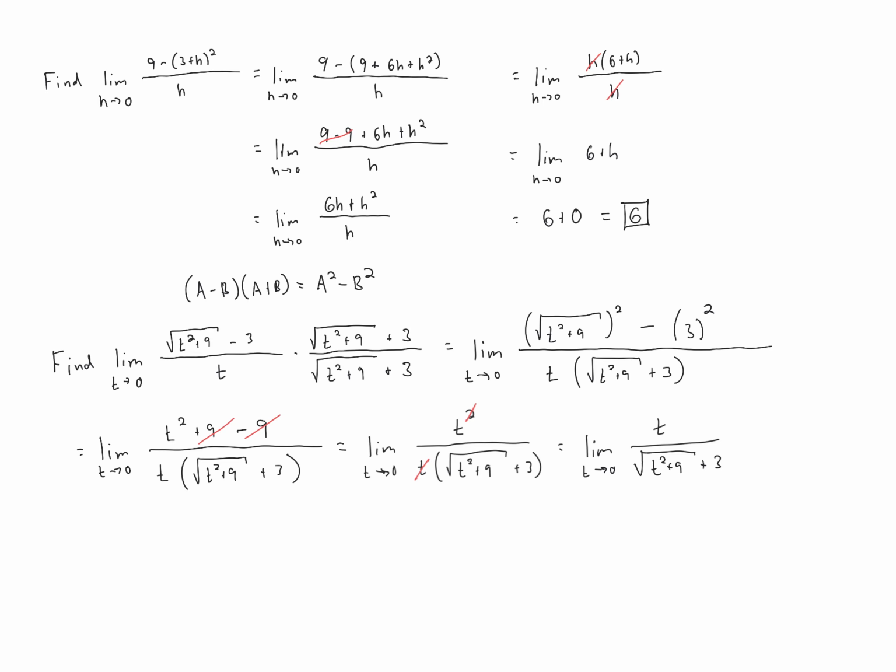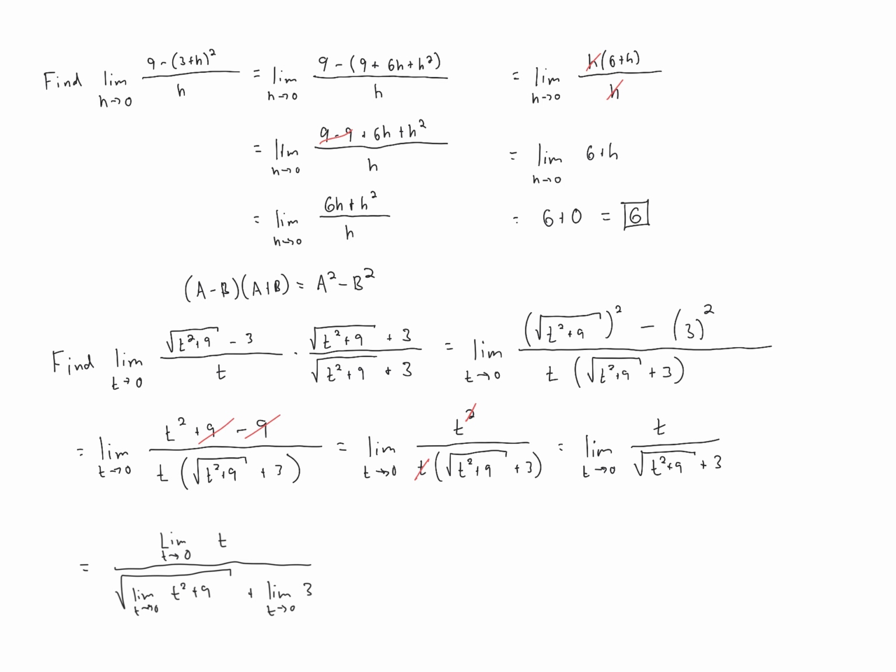So we can pull the limit inside. And effectively, once we've done that, this is equal to the limit as t approaches 0 of t over the square root of the limit as t approaches 0 of t squared plus 9, and then plus the limit as t approaches 0 of 3.